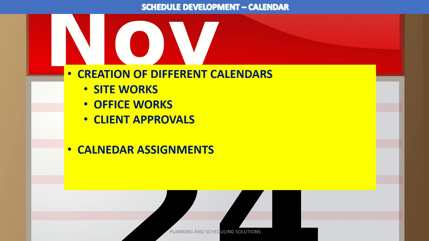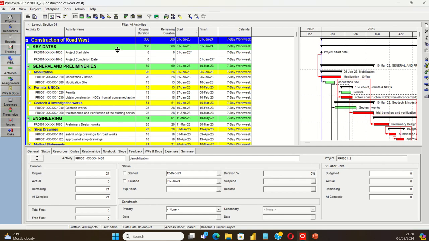Okay, let's get back to Primavera. If you remember my lesson 5, the project start date is 1st January 23 and the project completion date 1st January 24.